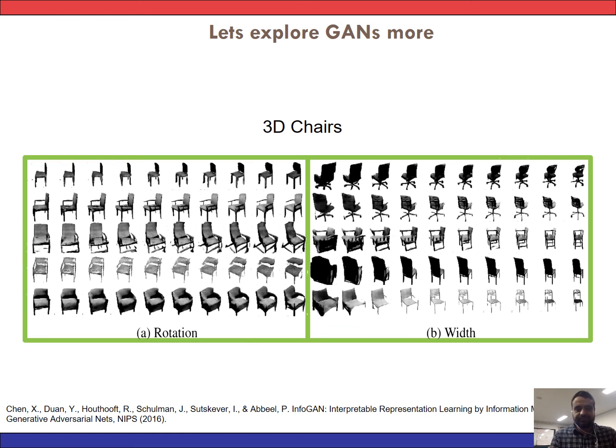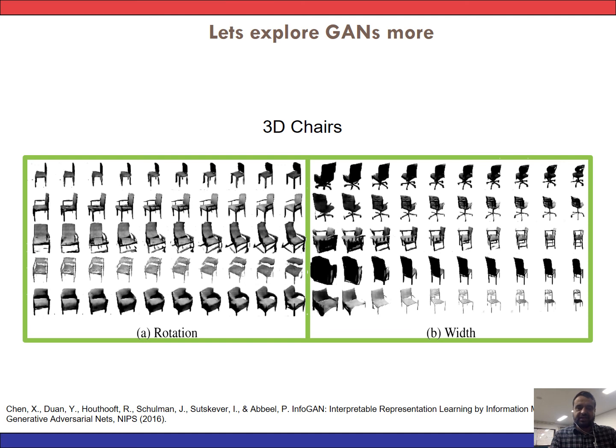Previously we studied the DCGAN architecture, where the authors subtracted the latent vector of the man without eyeglasses from the latent vector of the man with eyeglasses, and then added it to the latent vector of the woman, and the result was the woman with eyeglasses. But that architecture learned these things on its own.